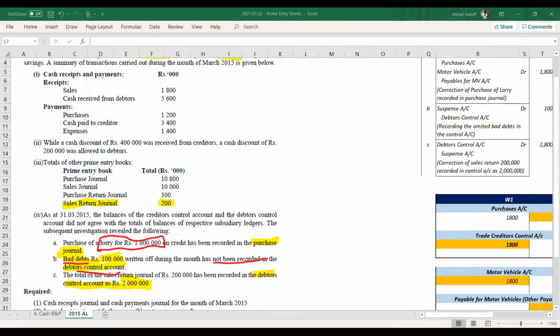Cash received from debtor is a cash received from debtor, debit cash, credit debtors control account. In debtors control account, it's credit.